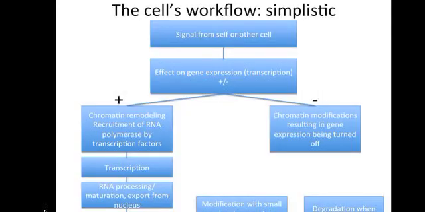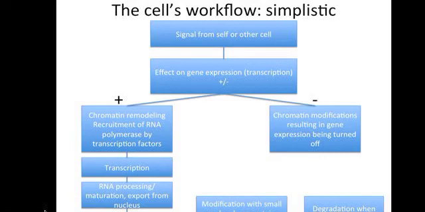This is where we ended. I put together this workflow. You get a signal from the other cell, and it'll either be positive or negative regulation. If there's positive regulation, you'll get reorganization of the chromatin, then movement of RNA by transcription factors, transcription, processing, translation.